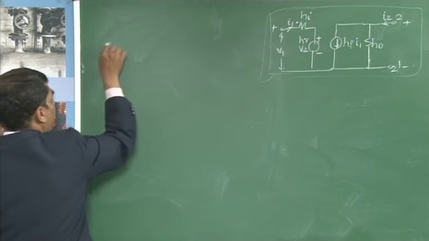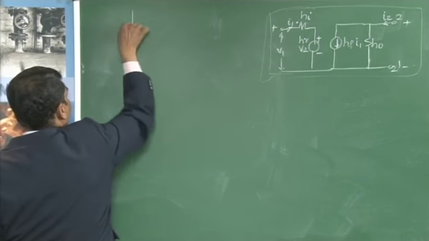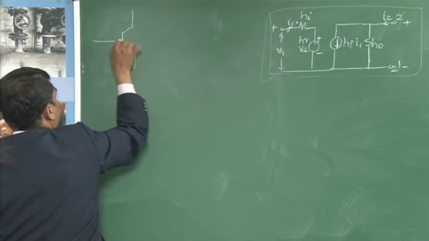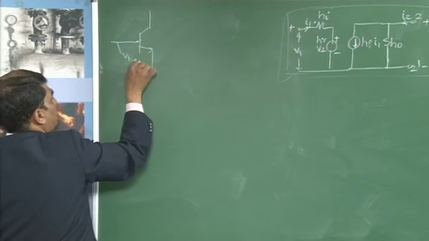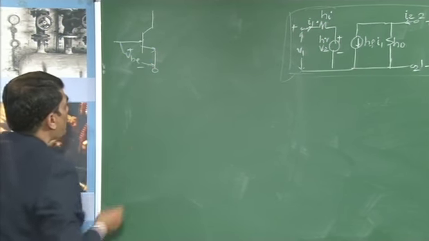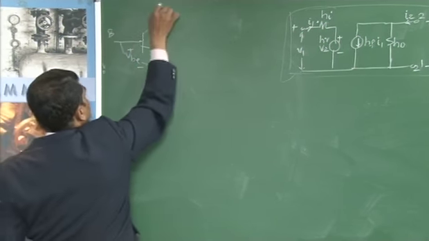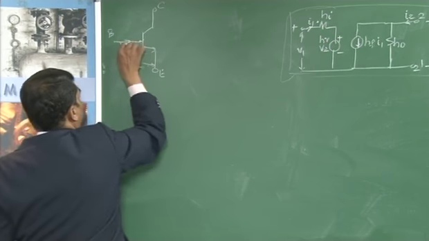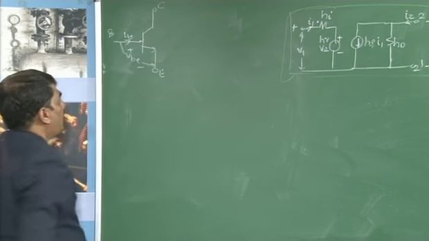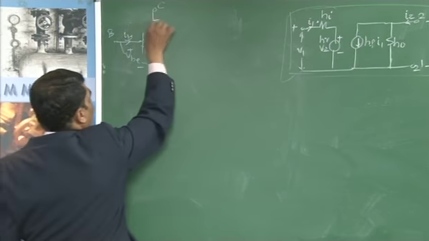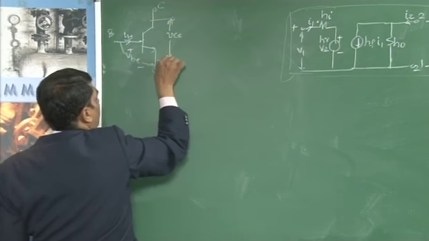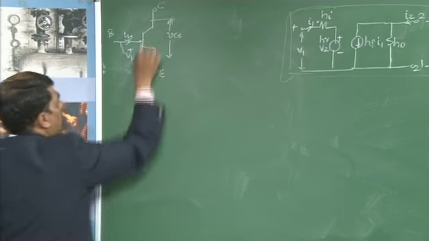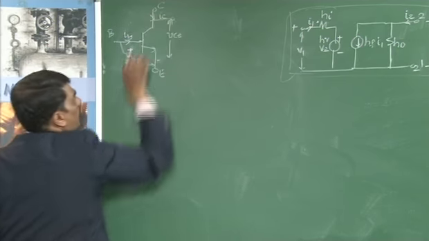If you consider a simple common emitter amplifier, we know that the input voltage is given by VBE, this is your base, and this is your collector and emitter, and the current flowing through the input is IB. The output is taken across collector and emitter, denoted with VCE, and the output current is IC.